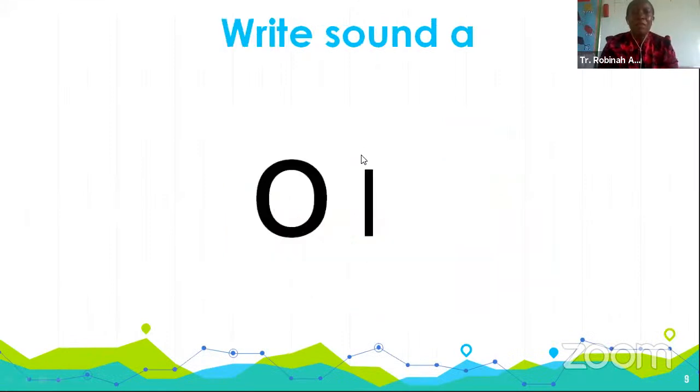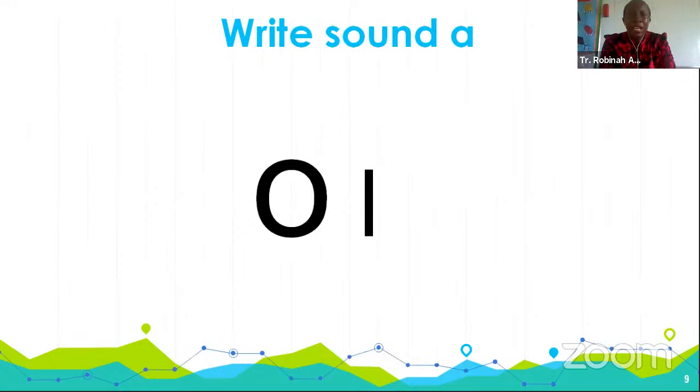You know your sound. Now, my dear children, now that we know sound ah, we know the friends of sound ah. We now need to learn how to write sound ah.